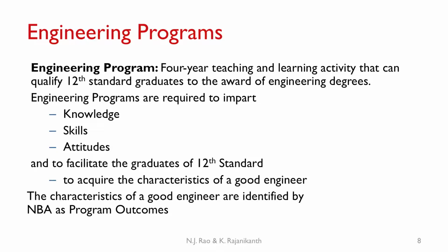That means the program outcomes represent the characteristics of a good engineer as understood today. This may keep changing slightly from time to time. So it is not as if you write the program outcomes once and they are permanent. As the technology changes, the role of engineers changes, so the nature of program outcomes also will have to change with time.